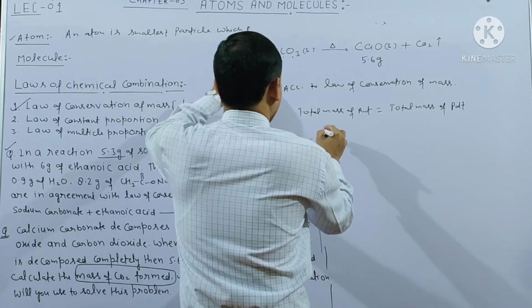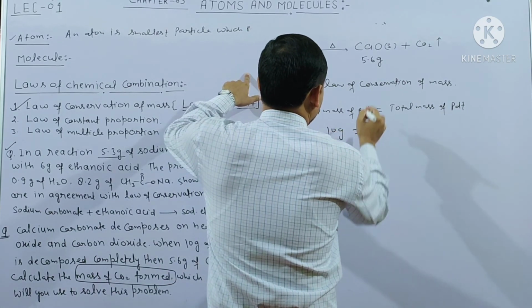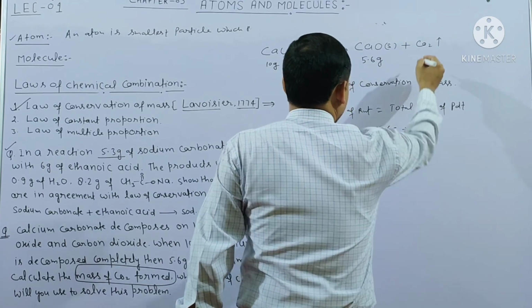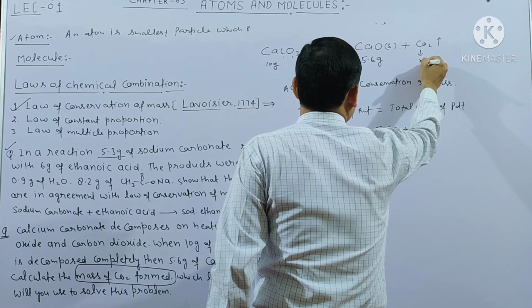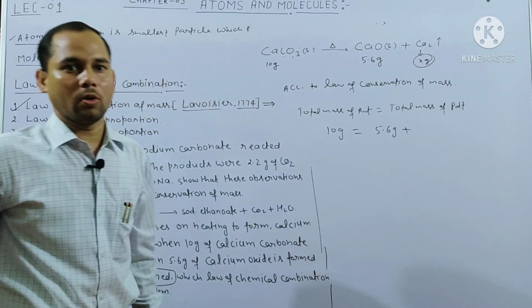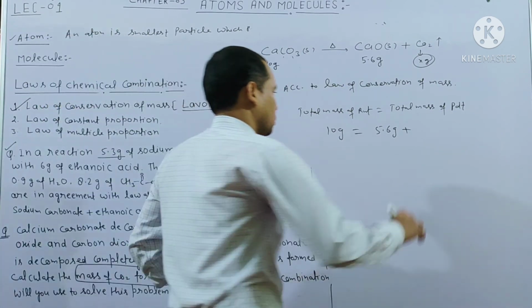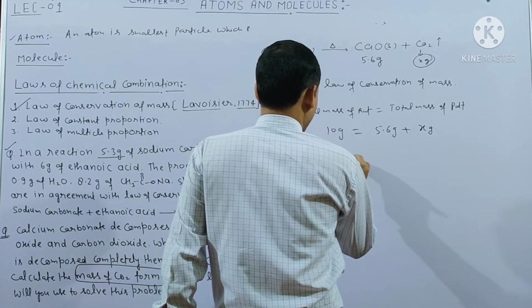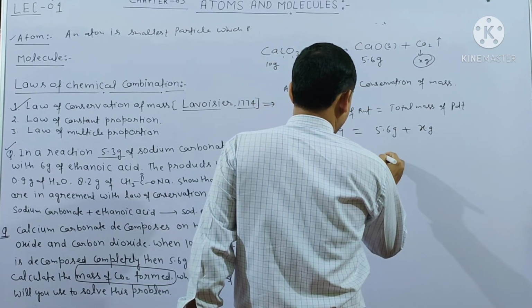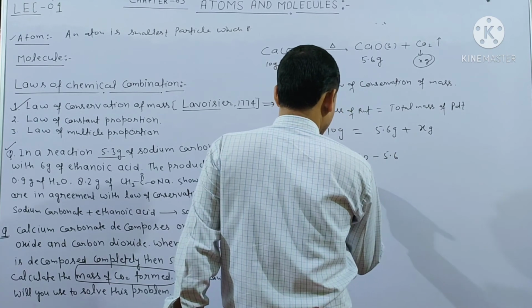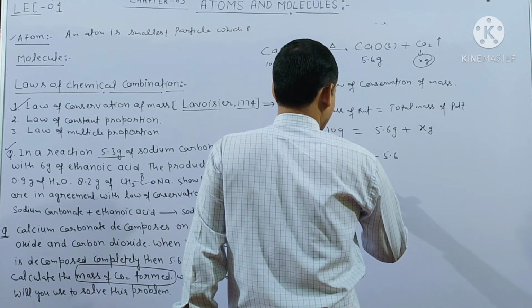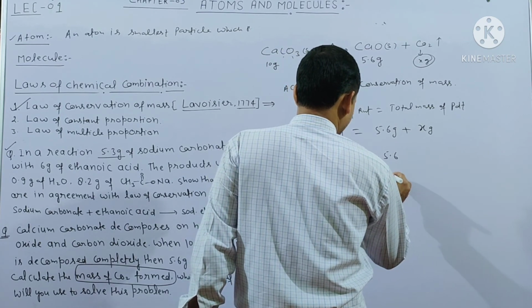So mass of reactant here is 10 gram. Mass of calcium oxide is 5.6 gram plus, the mass of CO2 is not given, so let's take this as x gram. Here x equals 10 minus 5.6, you can subtract easily. So this is 4.4 gram.